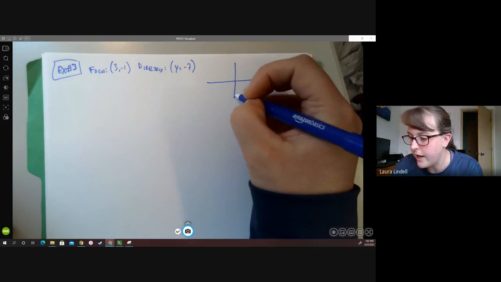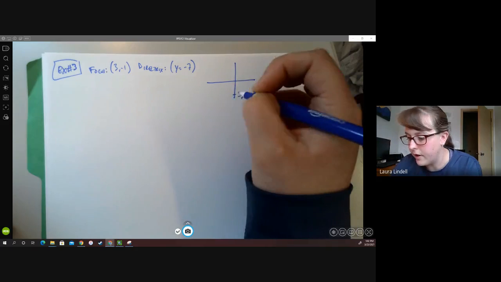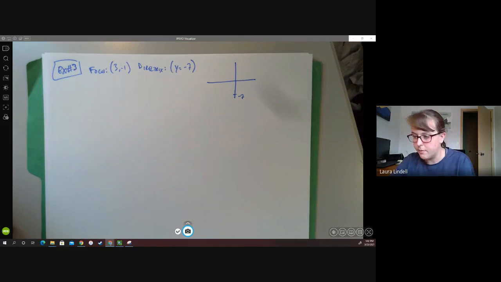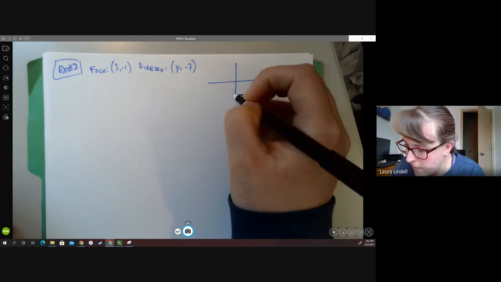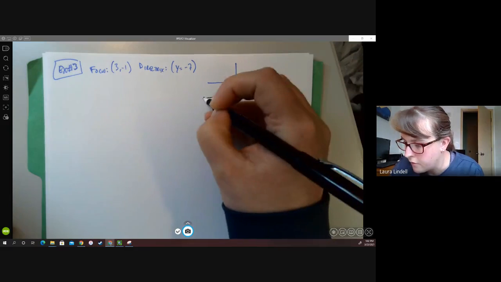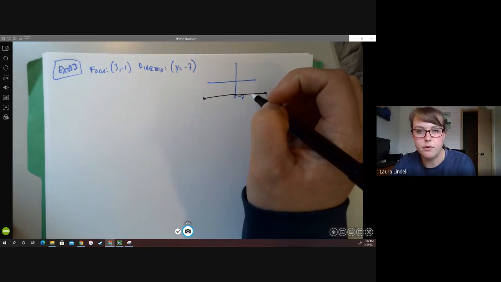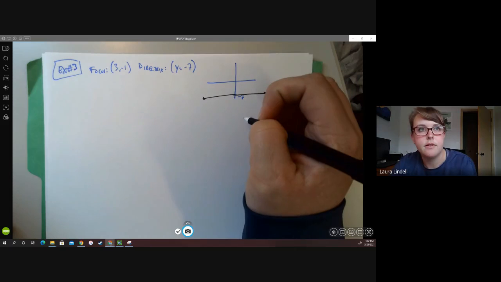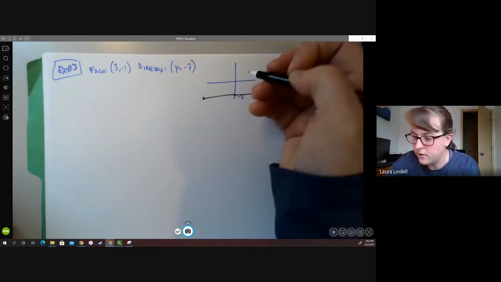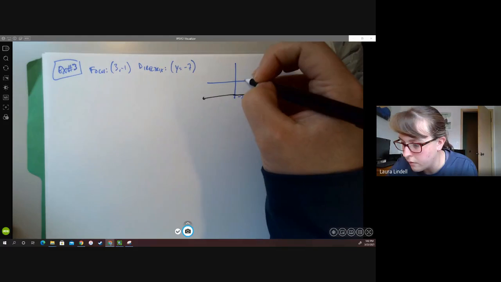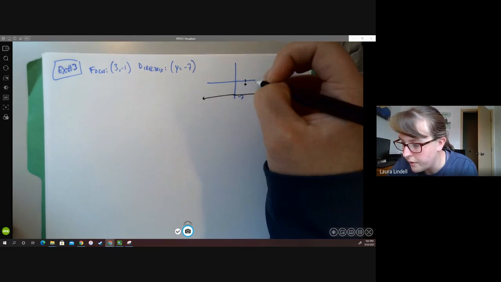So y equals -7 is down here, and that's where our directrix is going to be. If your directrix is a horizontal line, you know that your parabola is going to open up or down. But also the focus is (3, -1), so over 3, down 1 would be somewhere around here.